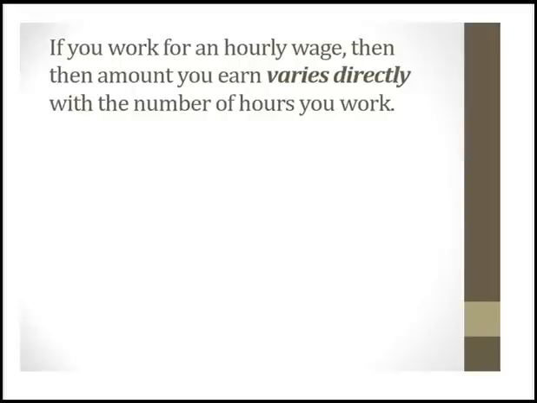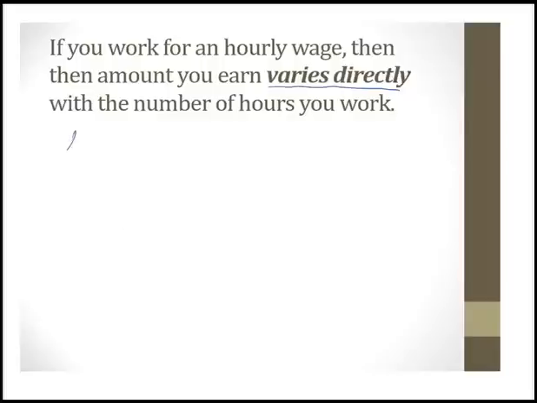So a simple idea to get us started in the section. If you work for an hourly wage, then the amount you earn varies directly with the number of hours you work. So we have the statement that says varies directly, and some quantity varies directly with another quantity.